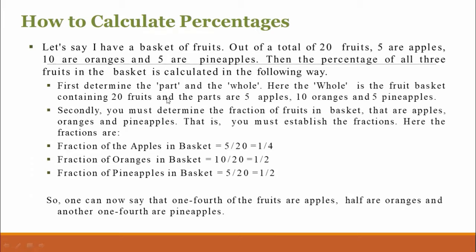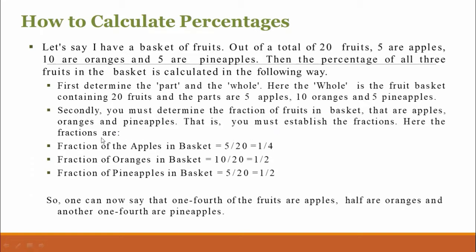So first of all, point out in the problem the total and the part. Then, secondly, you must determine the fraction of fruit in the basket that are apples, oranges, and pineapples. That is, you must establish the fraction.